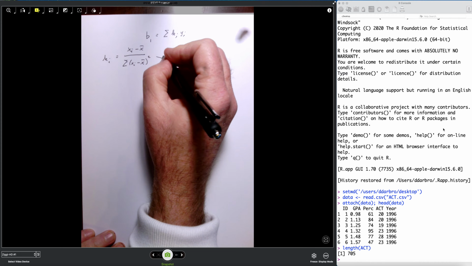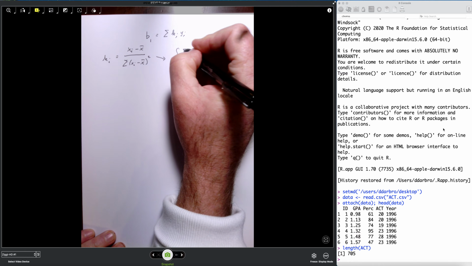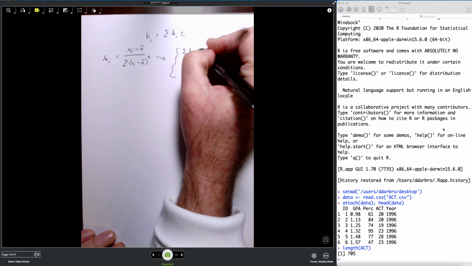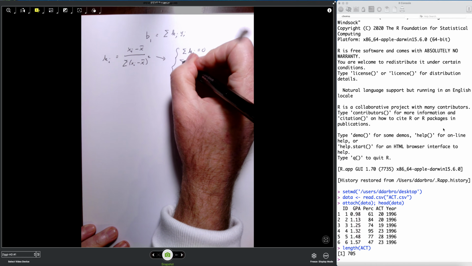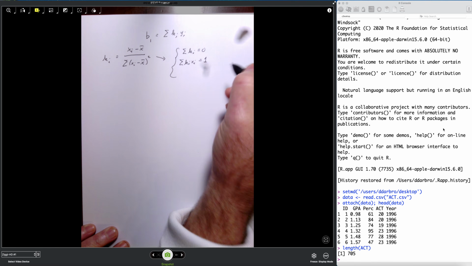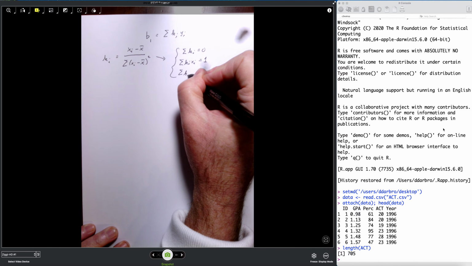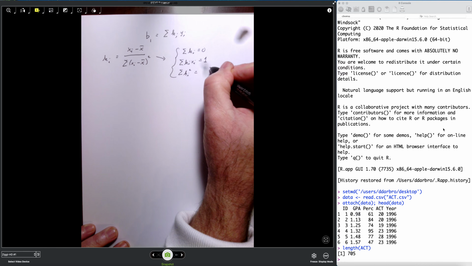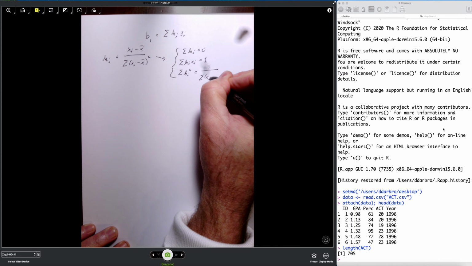From this, we can conclude a couple of things: the sum of the k sub i's will be equal to 0, the sum of the k sub i's times the x sub i's will be equal to 1, and the sum of the k sub i's squared will be equal to 1 over the sum of the deviations squared.